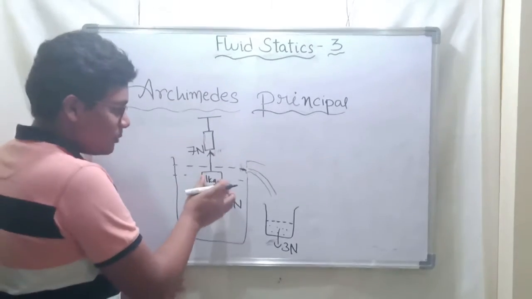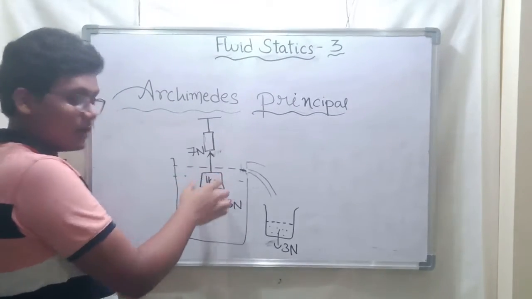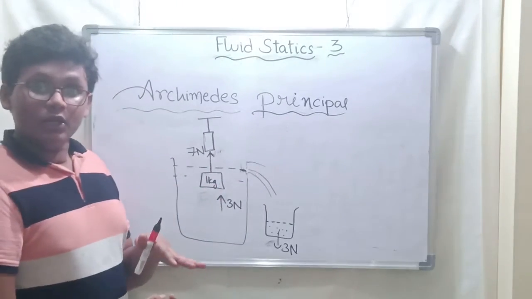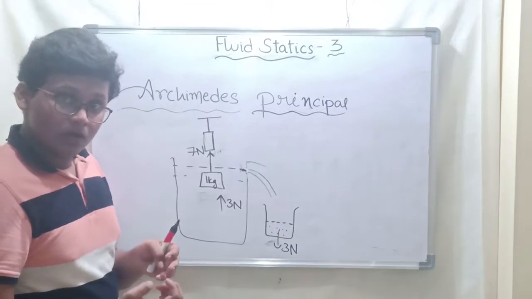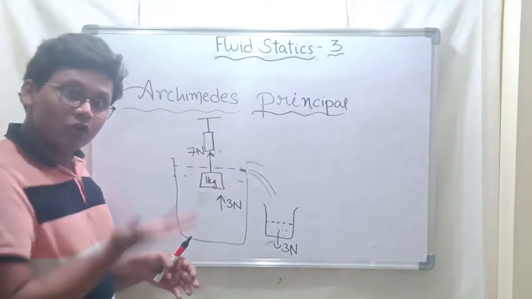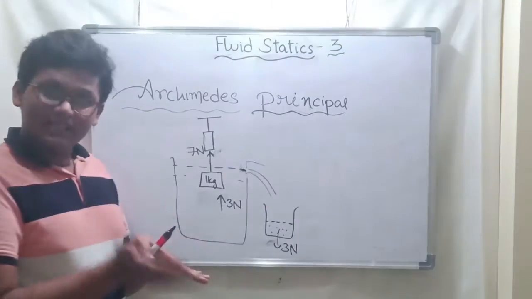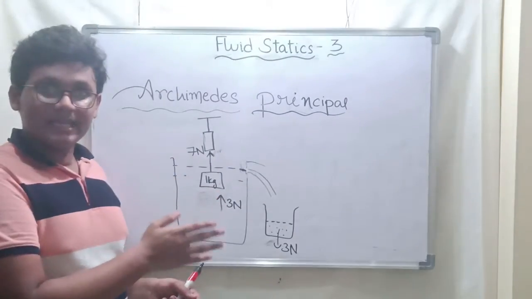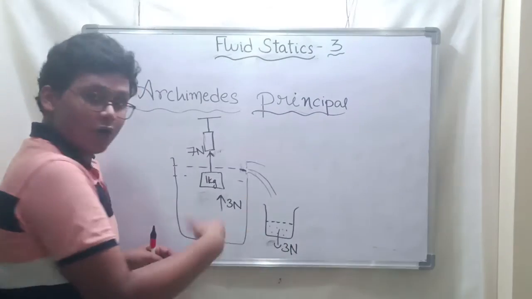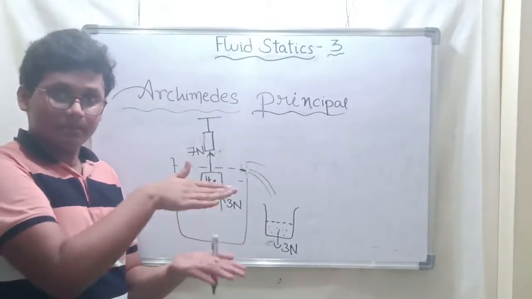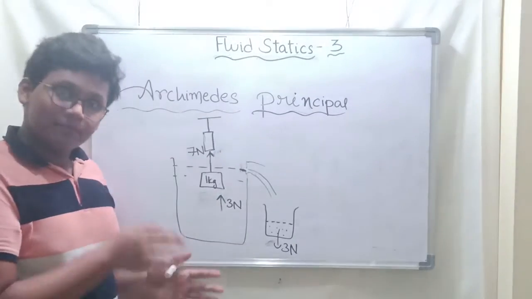Then it will be submerged in the liquid, which means the buoyant force is acting by the liquid to make the body float on the water. Archimedes principle says that how much liquid is displaced due to the submersion, that much is the buoyant force.